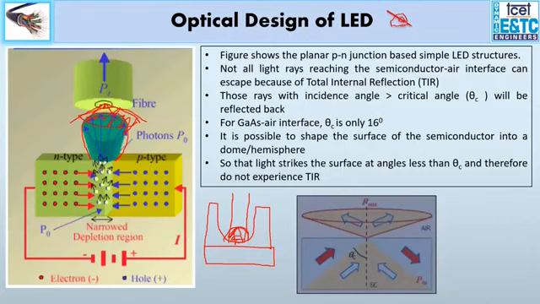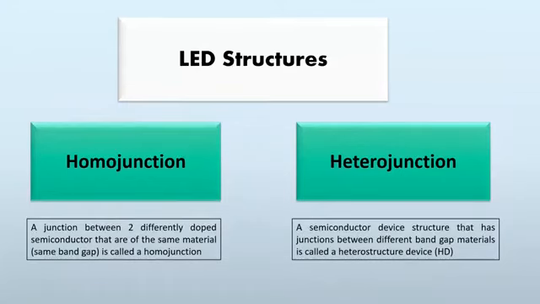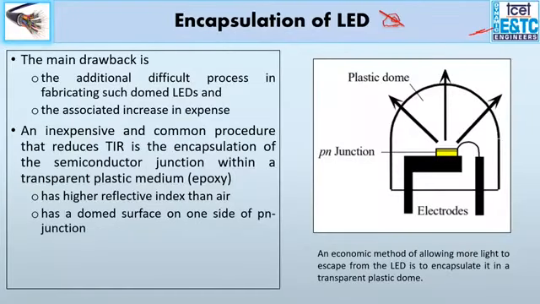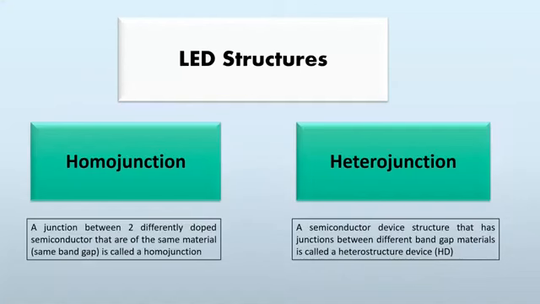We can use Burrus configuration or use micro lenses to feed the light output from the source efficiently into the fiber. Micro or macro lenses can be used. These are some of the configurations, such as using a dome to reduce the total internal reflection. Then homojunctions and heterojunctions.